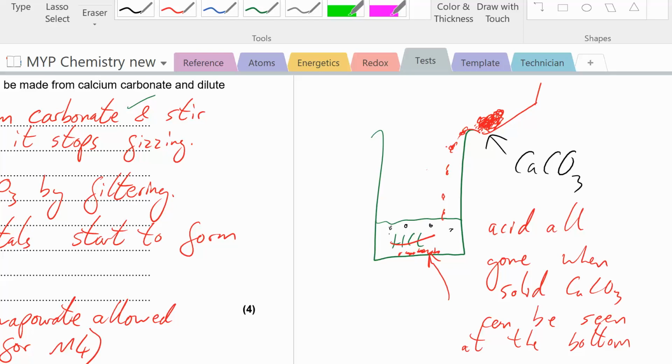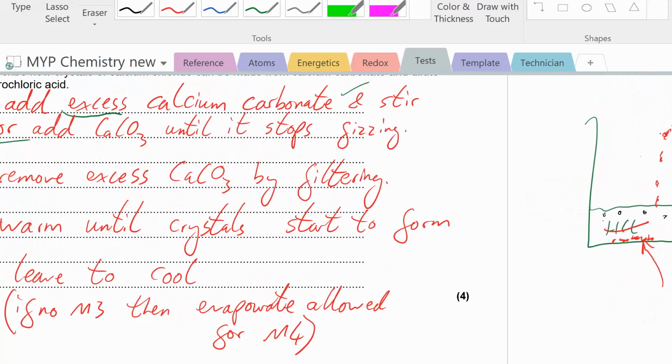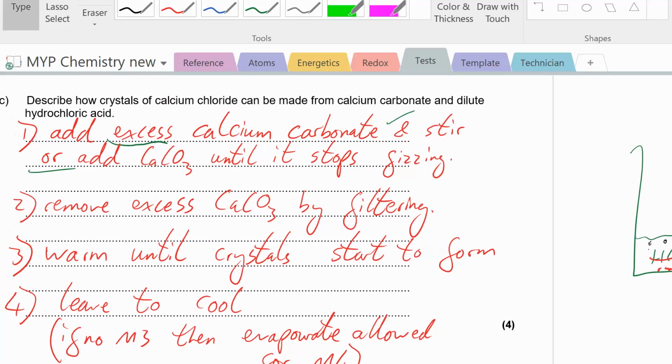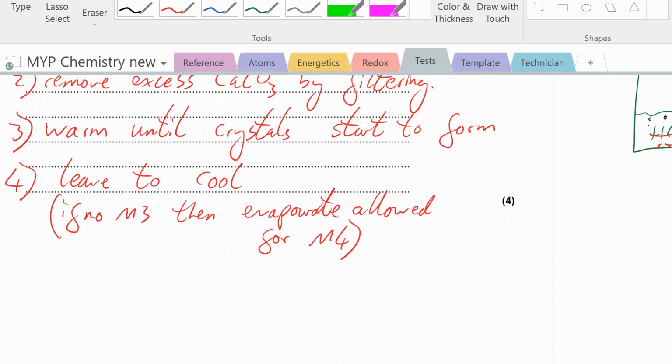It's important to note that sometimes it will take a little while, so you have to stir it. Then obviously we want the crystals of calcium chloride, so remove any excess CaCO3.